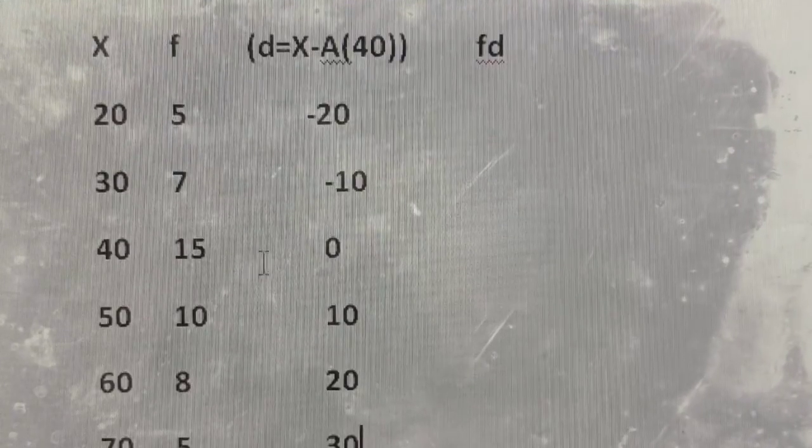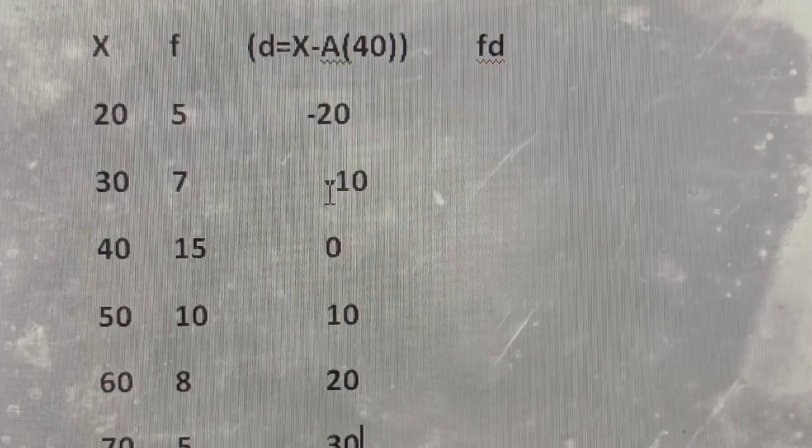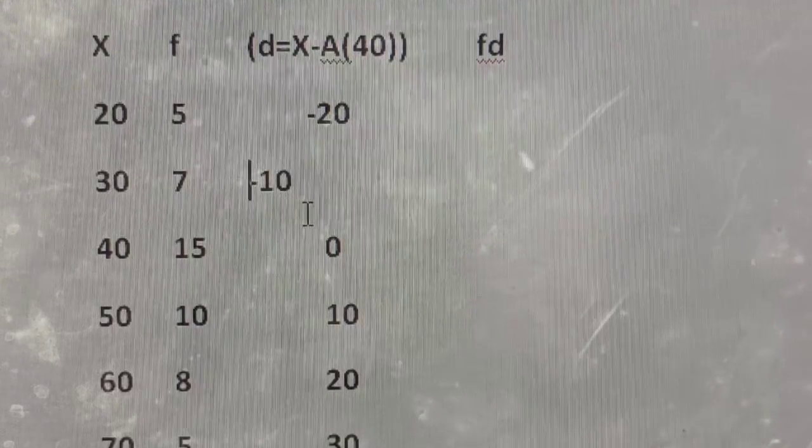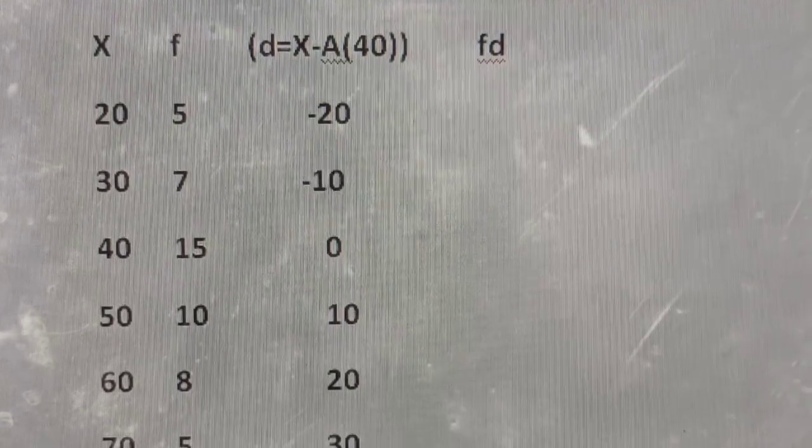Clear? So we have got the values of d equals x minus a, and we have come to know how to calculate it.